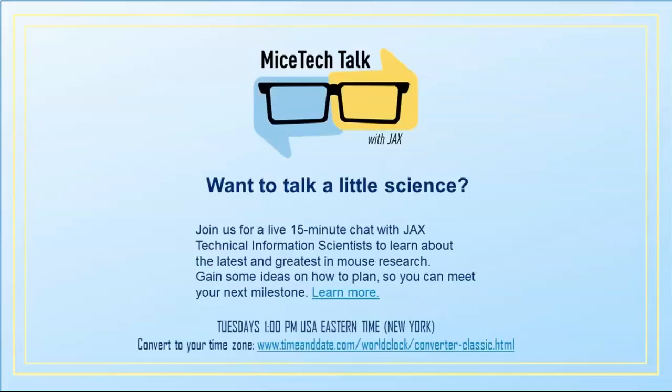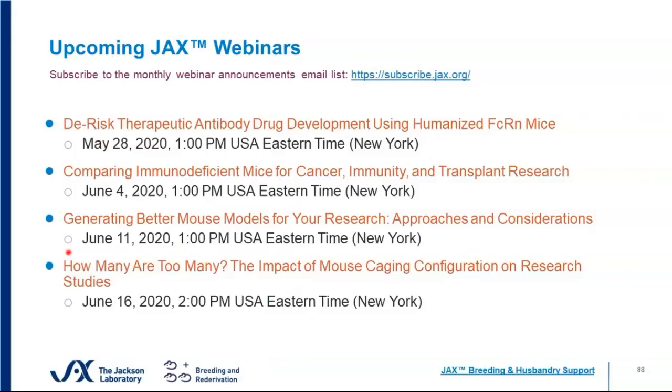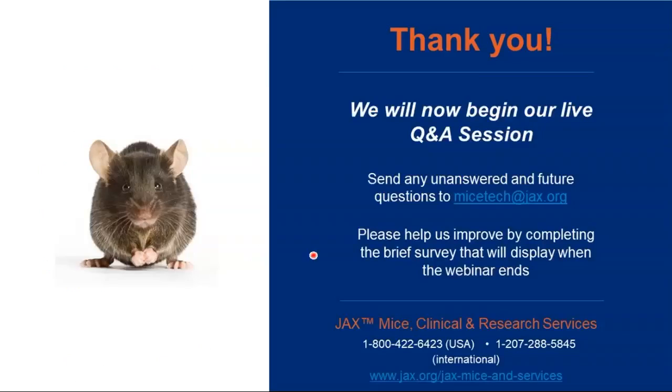This may be a webinar to attend because we have looked at the impact of pairs versus trios in different size cages on breeding performance, and there is some good data in that talk. But you have to go with what your facility regulations are, right? If they don't let you breed in trios, you can't breed in trios. But if you can, and it doesn't impact the breeding performance significantly, it just uses less resources.